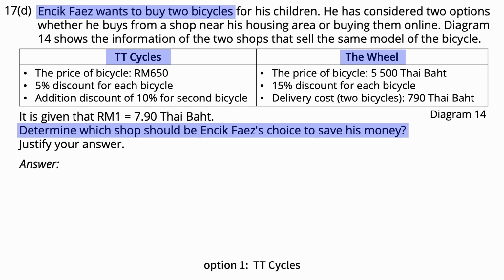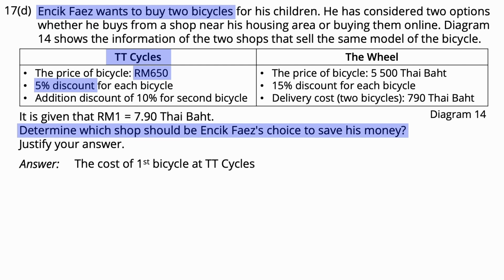Option 1. TT Cycles. Each bicycle costs 650 ringgit Malaysia. There's a 5% discount on each bicycle. So the price of the first bicycle at TT Cycles shop is 650 times 95%, 617.50 ringgit Malaysia for the first bicycle.